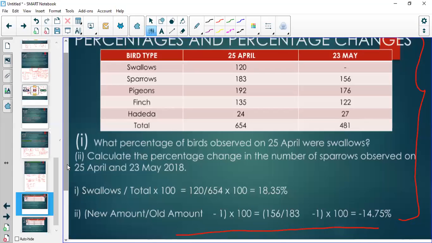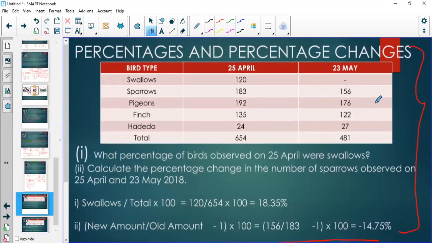Right, so I think I took this from the textbook or study guide, just for the purposes of an example. What is the percentage increase or percentage decrease? All right, percentage change. So this question, let's do it together. It wants us to determine the percentage change in the number of sparrows observed on April 25 and 23.